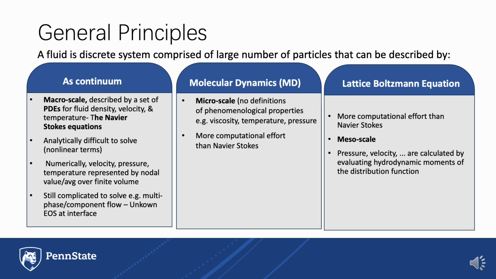And this intermediate scale is called the mesoscale, as we alluded to before, where the relationship between temperature, velocity, and kinetic energy can be represented by a Maxwell equilibrium distribution for an ideal gas. In this case, pressure and velocity are calculated by evaluating hydrodynamic moments of the distribution function.